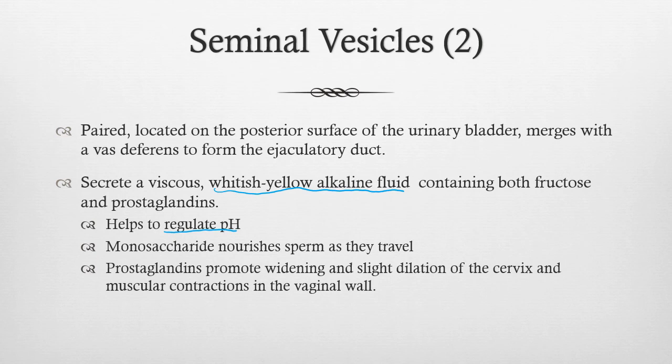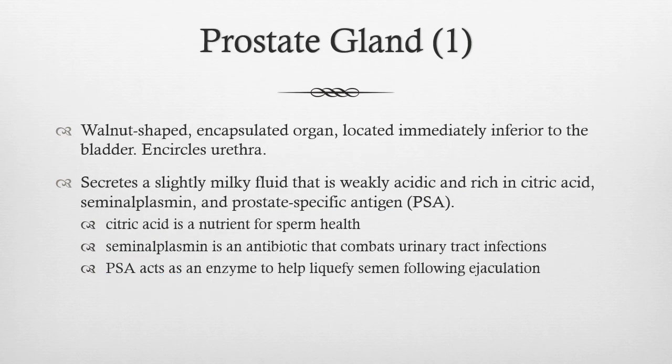It provides them with some monosaccharides or sugars for nourishment along their travels, and then some prostaglandins. Those prostaglandins are going to work on the female to do things like slightly dilate the cervix and cause smooth muscle contractions in the vaginal wall, to allow for getting the seminal fluid further into the female.